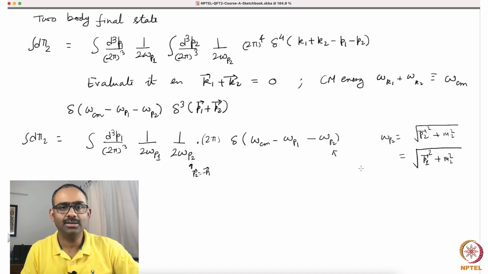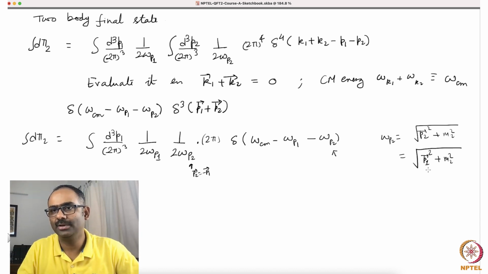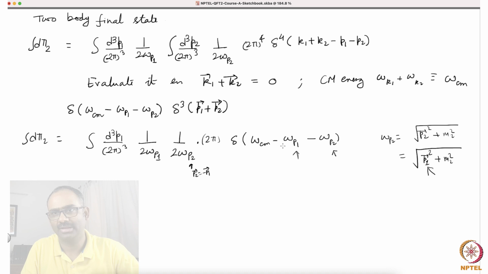Now omega p1 and omega p2, they all contain p1 square, right? We still have an integral left over p1, but they all have the square of the magnitude of vector p1, right? Because p1 appears here and in this, exactly in this way, p1 square plus m1 square root.